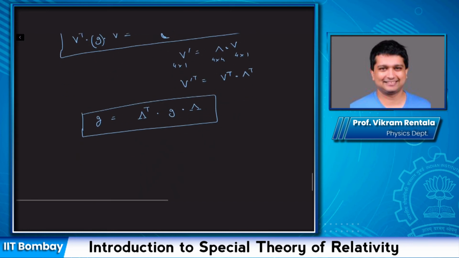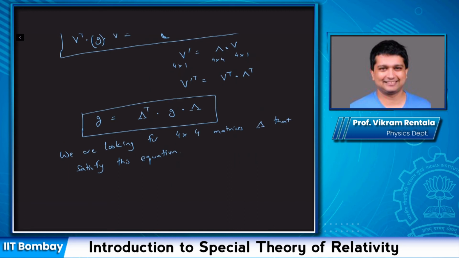Okay, so we are looking for matrices lambda that satisfy this equation. Okay. That's what we mean by finding the most general space-time transformations that preserve the space-time interval between two space-time points.